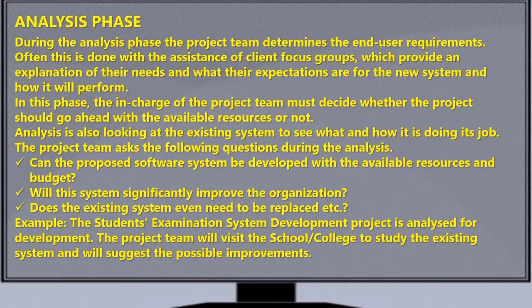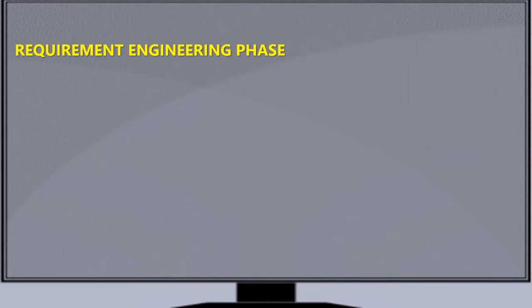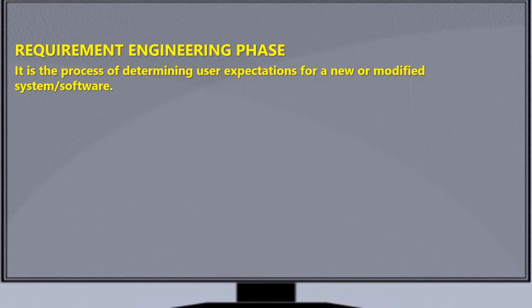For example, the student's examination system development project is analyzed for development. The project team will visit the school or college to study the existing system and will suggest the possible improvements. Now the next phase is the requirement engineering phase. It is the process of determining user expectations for a new or modified system or software.